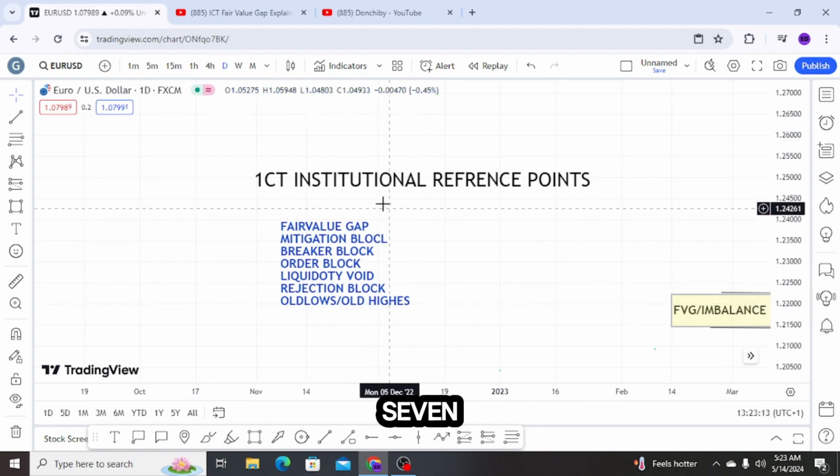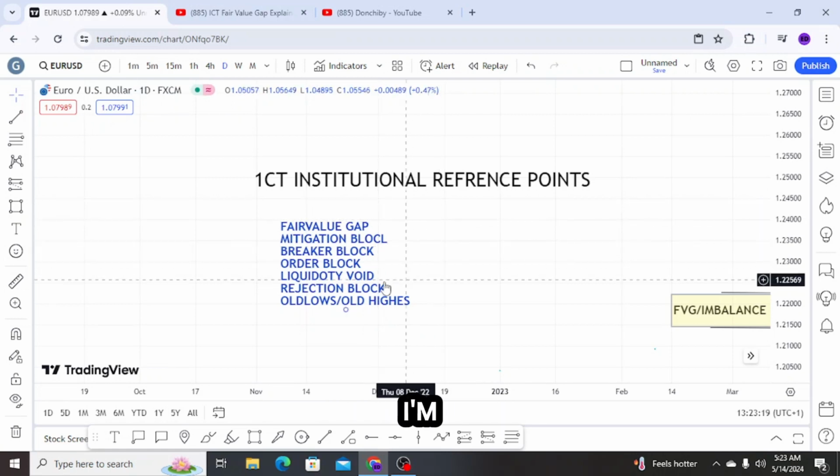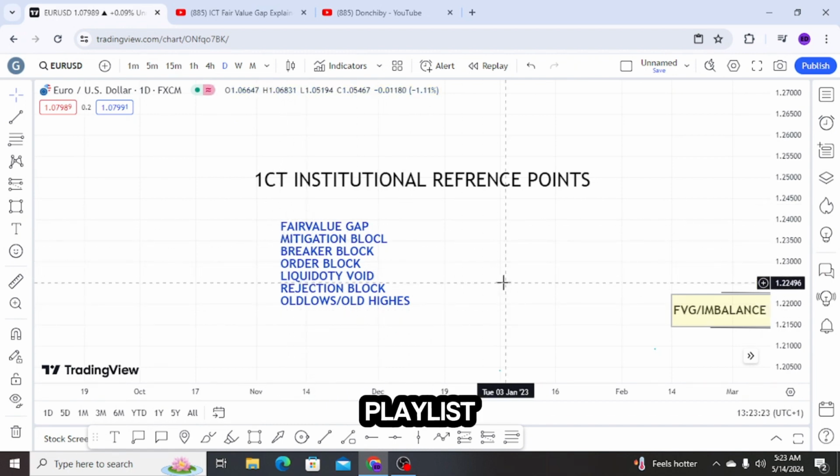These are the 7 institutional reference points according to ICT. I'm going to explain all of these and put them in a playlist for you. I'm going to make 7 different videos about these reference points and how you can use them to trade.